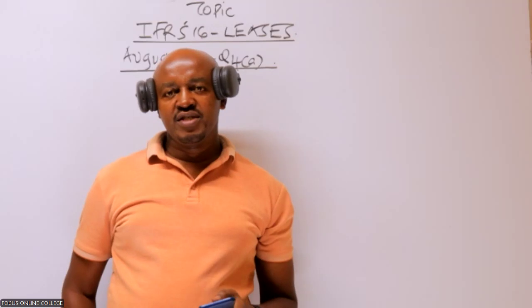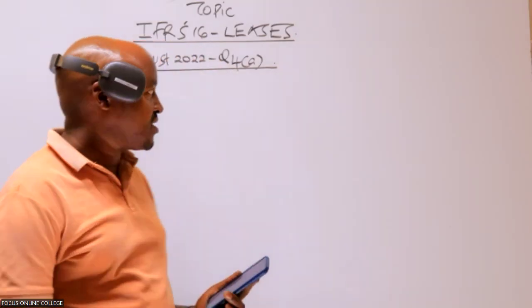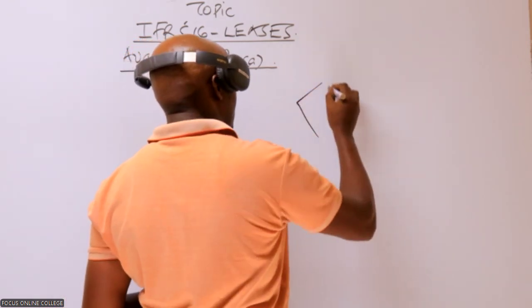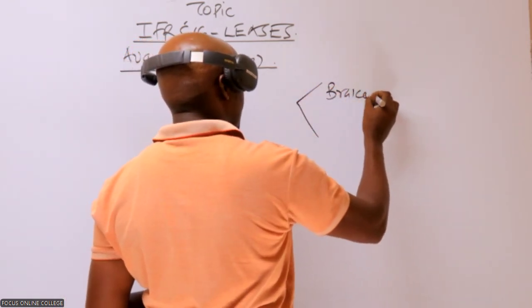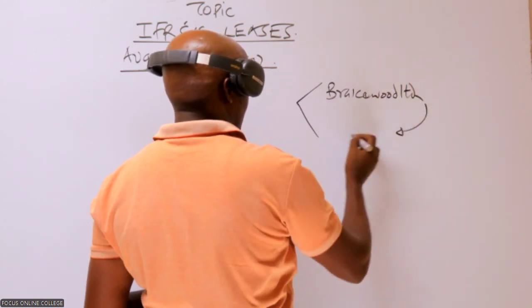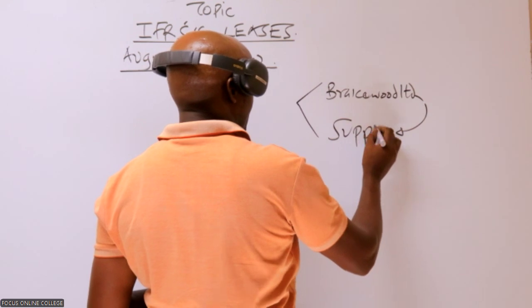Now, in this case, who can tell us? Here we are given two parties. We have the company called Breakwood Limited, which you are told leased an asset from a supplier.